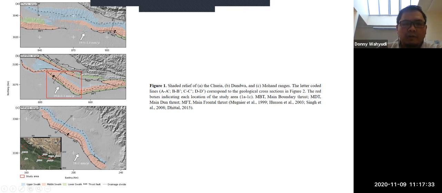If we look at the eastern part of the Dunwa range, it is more parallel to the shortening direction. So we're going to focus only on this part so we can compare it to the other ranges here.